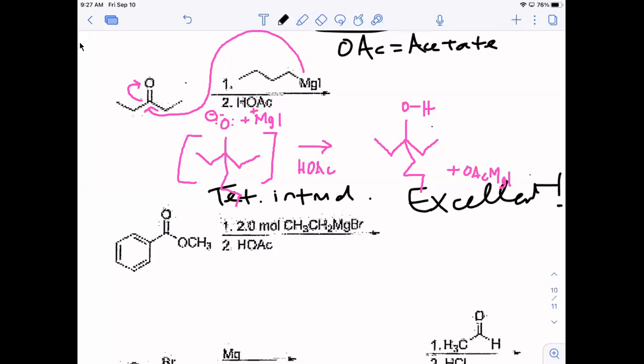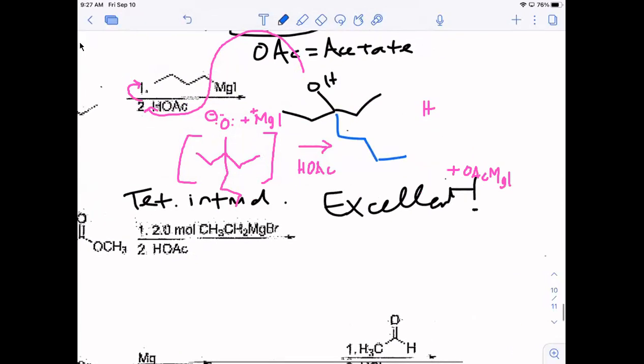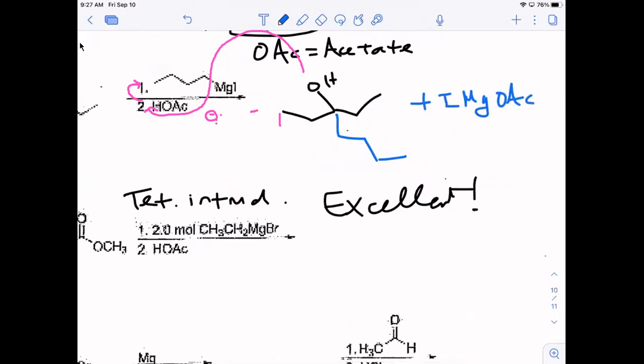Let me draw the product in the notes, and then you can erase. I'm going to just change the color of that. Yeah, so that's the product plus this magnesium salt. Very good.